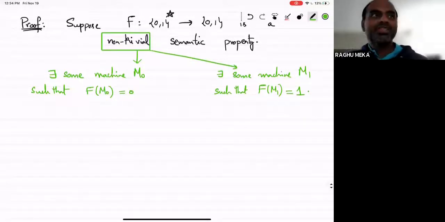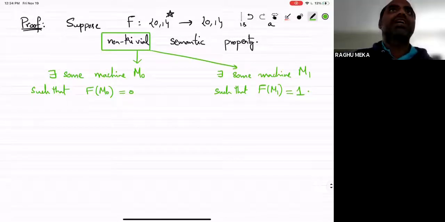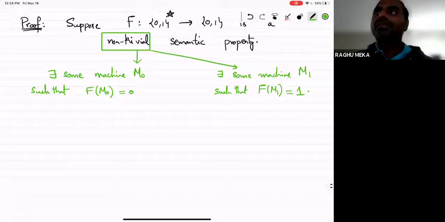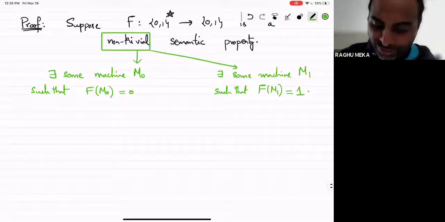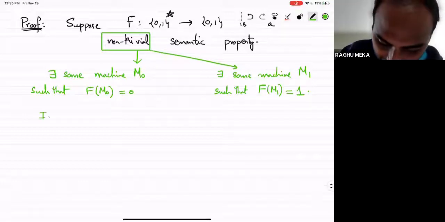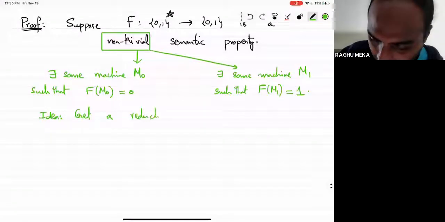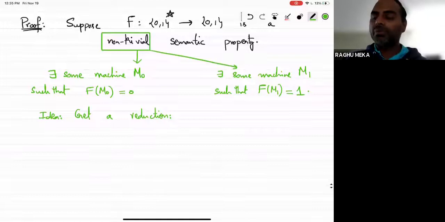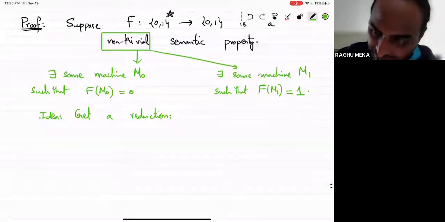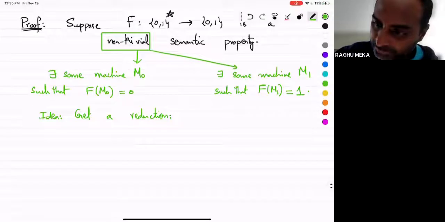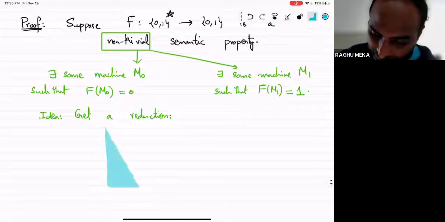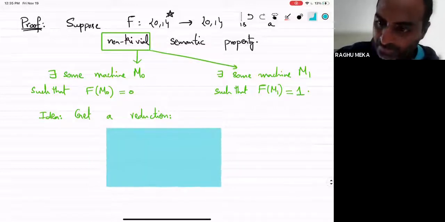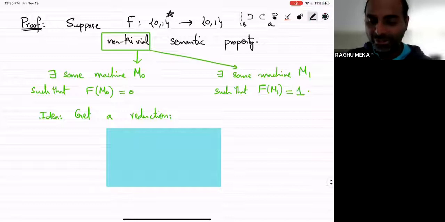And now the proof is kind of clever in the following sense. We have to use some ingenuity here, and we're going to look at the following program. So the idea is to get a reduction. Okay, so I'm going to define a special program. It's going to be a silly program, but bear with me.